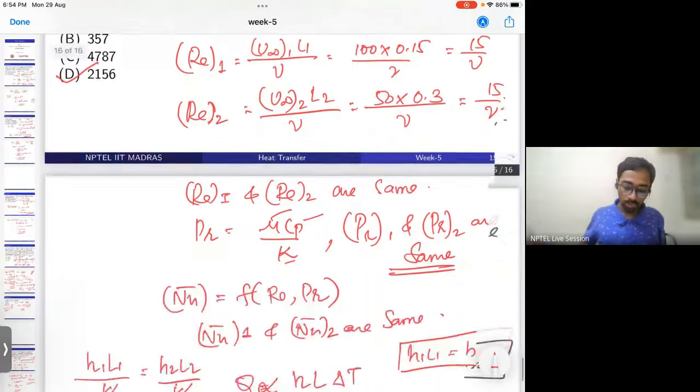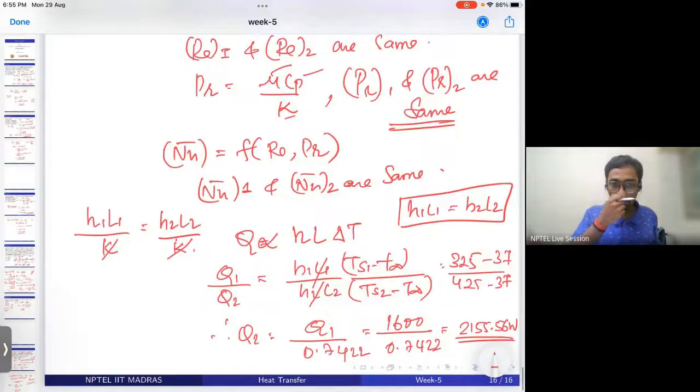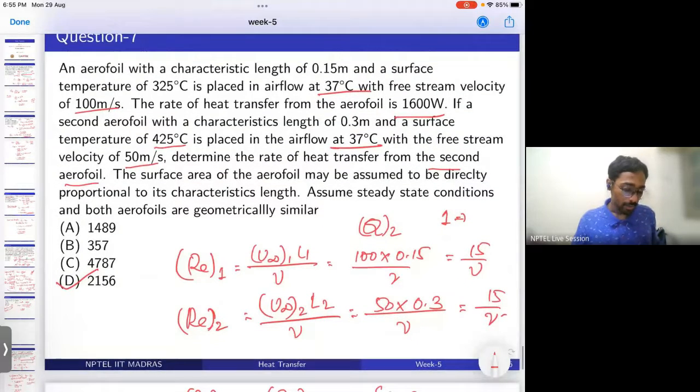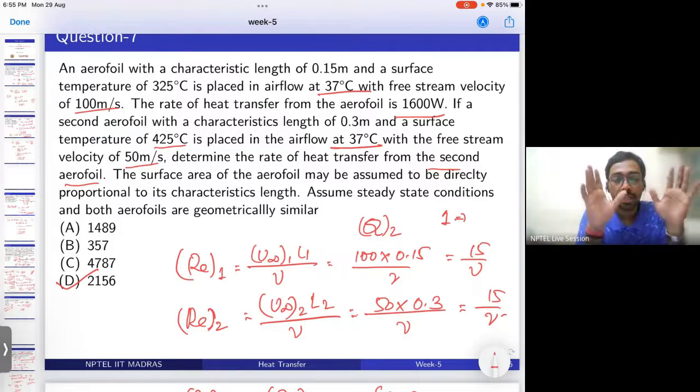I hope the question was clear to you. This kind of question you can expect in competitive examinations, where you can solve it very fast. In this case, the fluid is the same, both are air, and the temperature of the air is also the same.